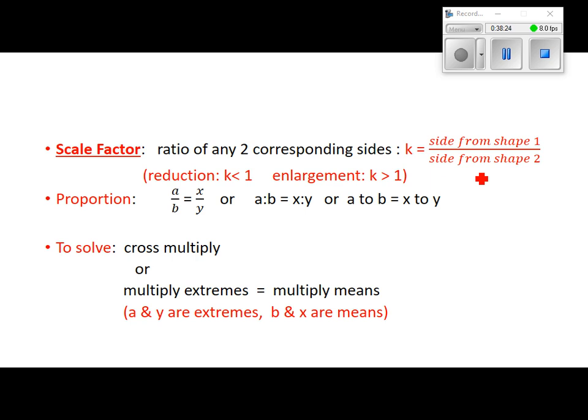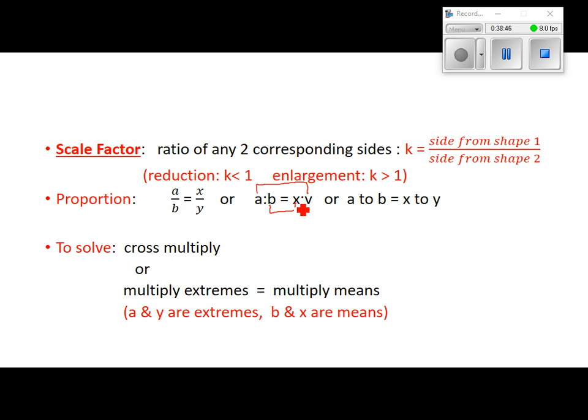The actual mathematical way to set up a proportion is this way. And the reason for it being this way is because you can do this. A and Y are your extremes because they're on the outside. B and X are your means because they're on the inside. And it sort of shows you the way to multiply them.